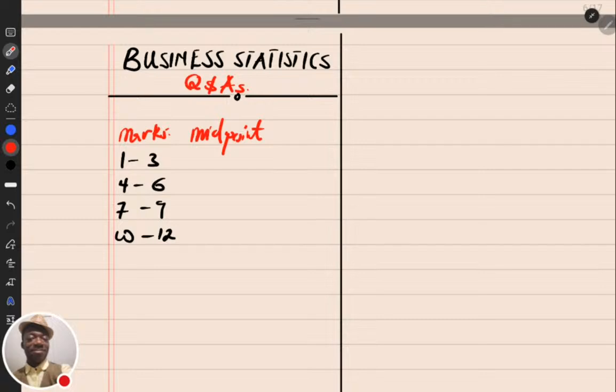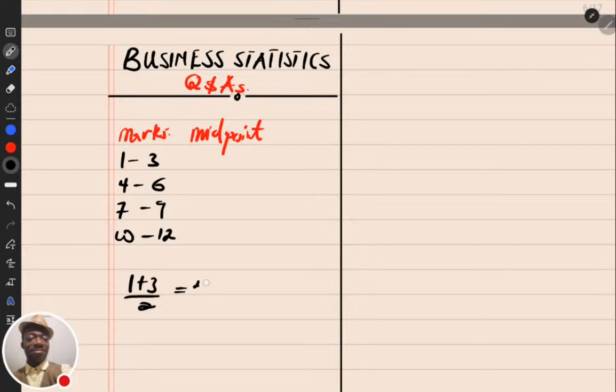If I'm asked to calculate the midpoint of this data, we will add the upper limit to the lower limit and divide by 2. That will give us the midpoint. So the midpoint of the first one is 1 plus 3 divided by 2.